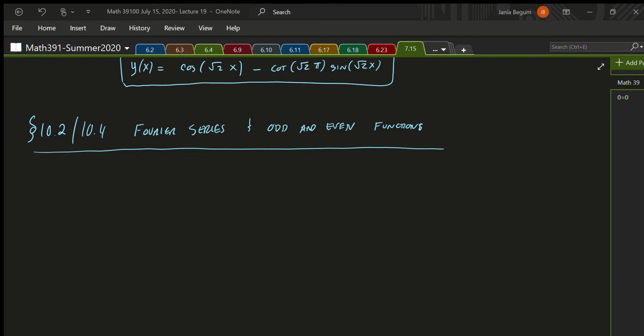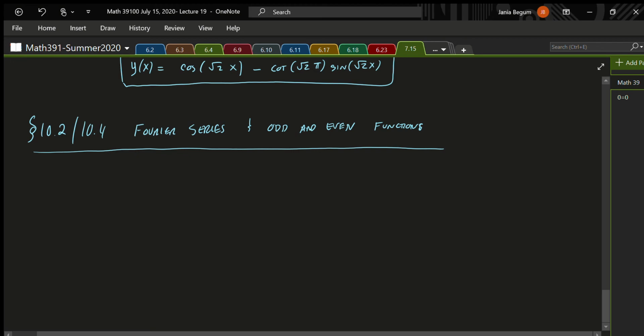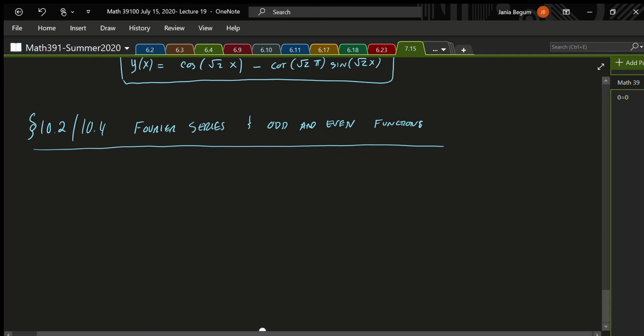So let's start. Fourier series are just another way of representing functions, very specific functions, and they're very wonderful. Fourier series is another way of saying trigonometric series.